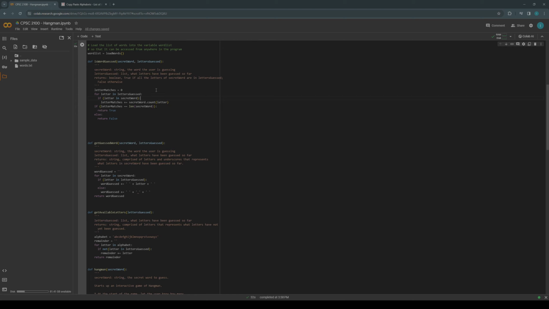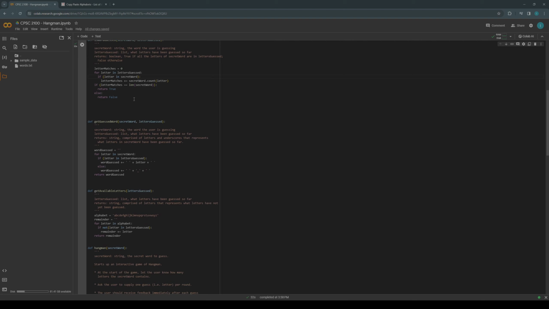If that letter in letters guessed is also in secret word, then we are going to want to increase the letter matches by the amount of times that that letter appears in the secret word. So, for example, apple. In apple, there are two P's.